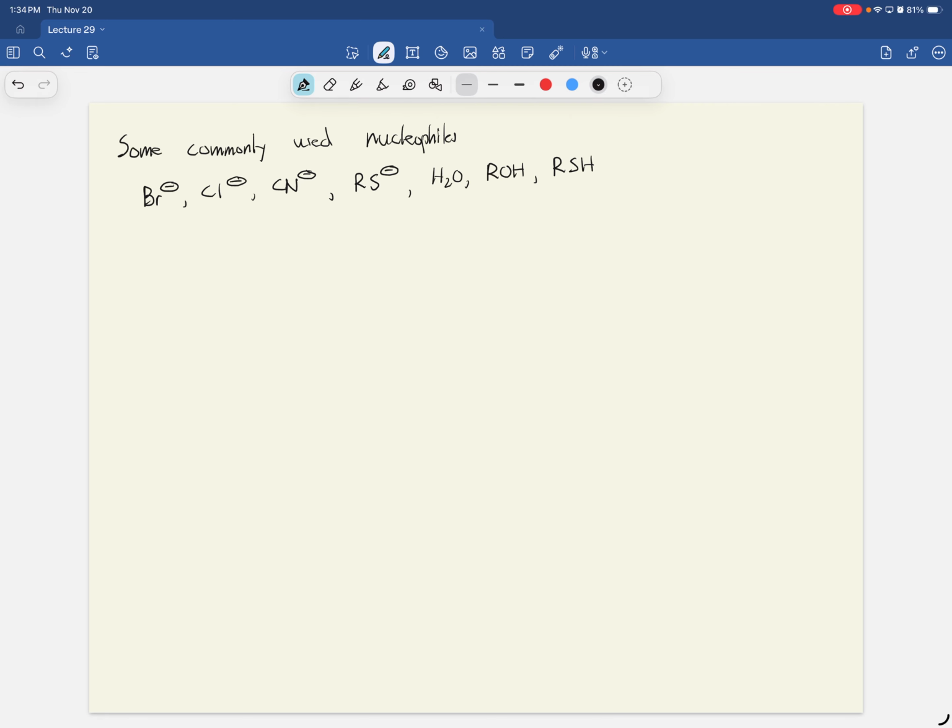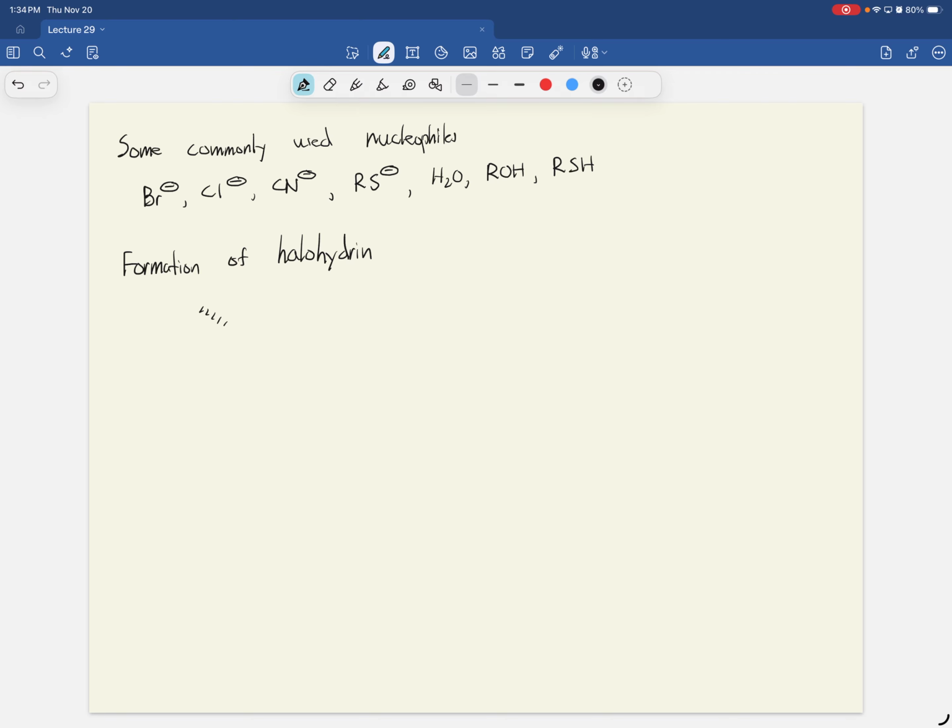All right, so let's just summarize the one with water. So we call this the formation of a halohydrin. So halohydrin, you added halogen and water to the double bond.